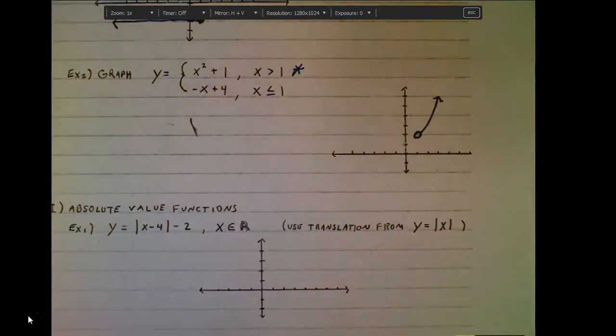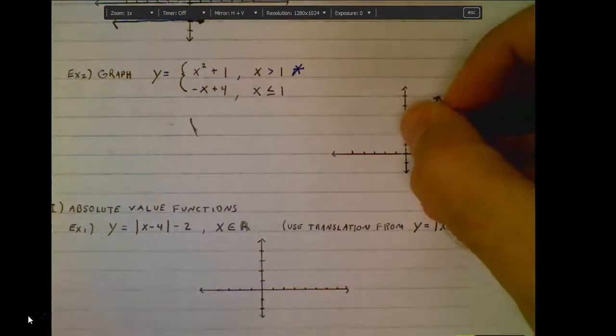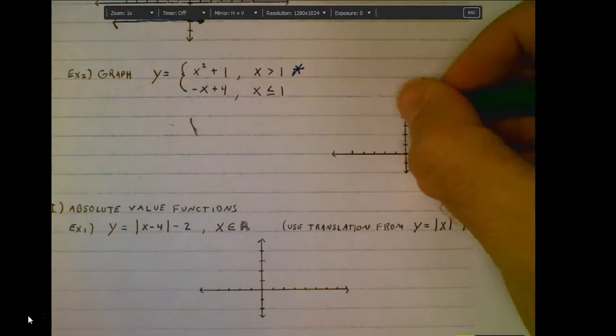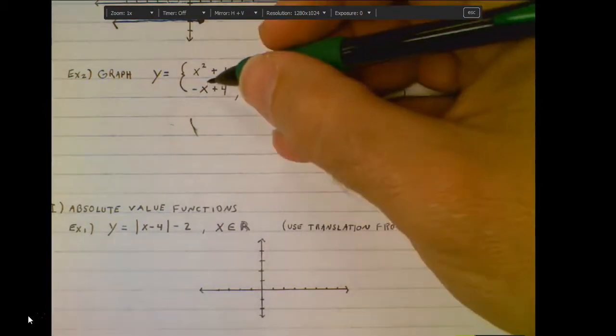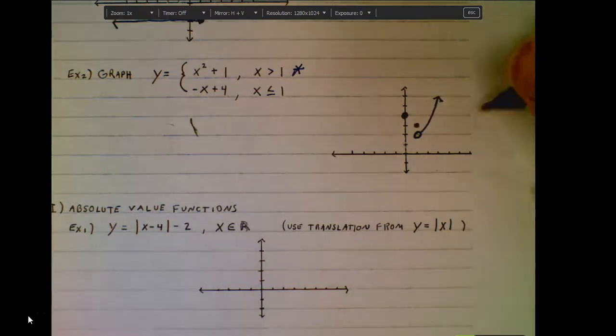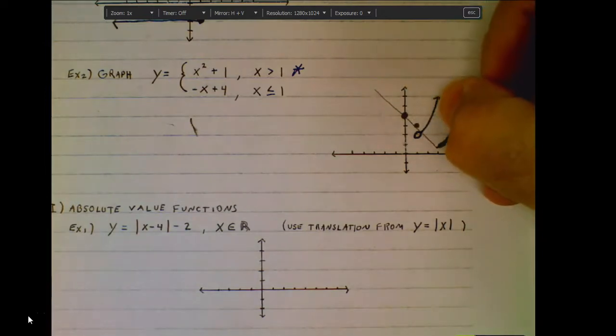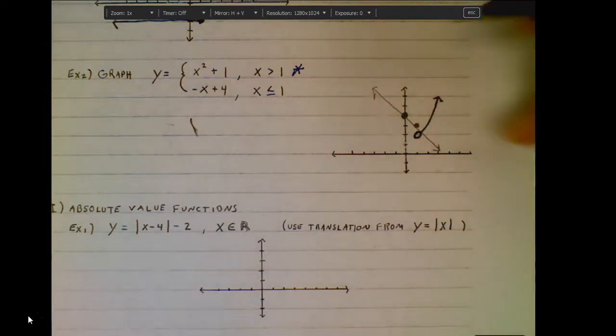And now for the second one, negative x plus 4. Again, this is just a line, so it starts at +4. 1, 2, 3, 4. My slope is -1 over 1, so if I go down 1 over 1, then we have our line that we would typically graph for that one. But again, let's take into account the domain.